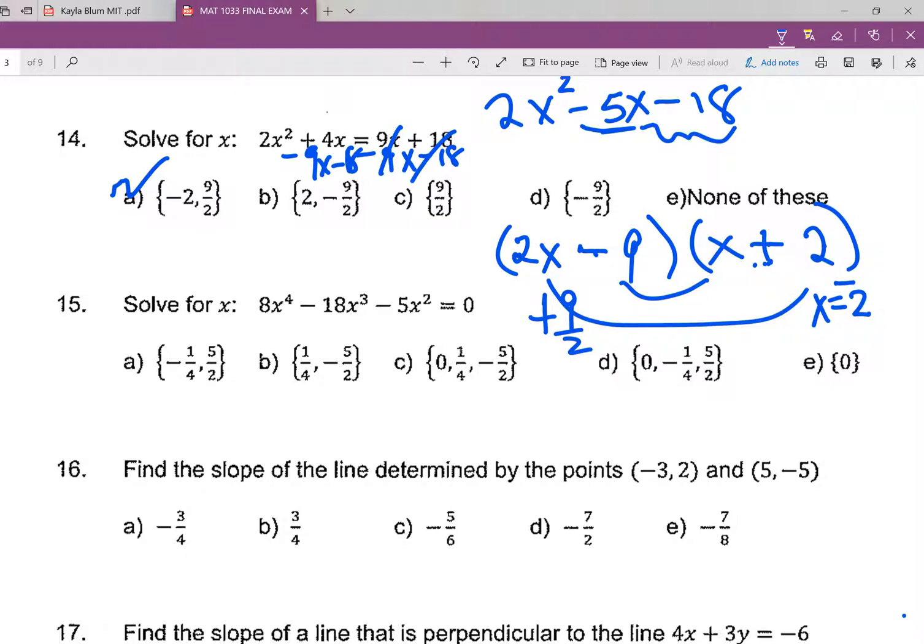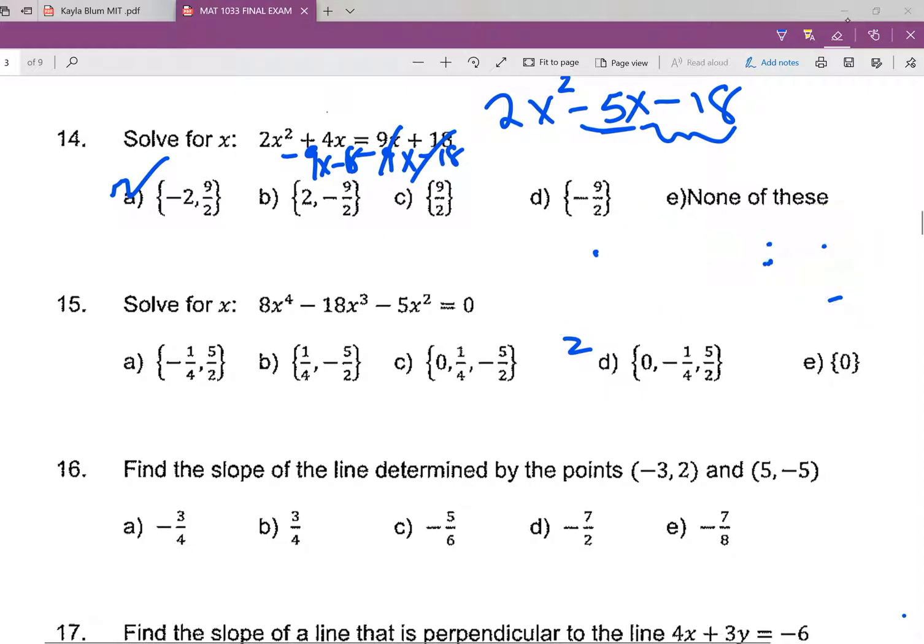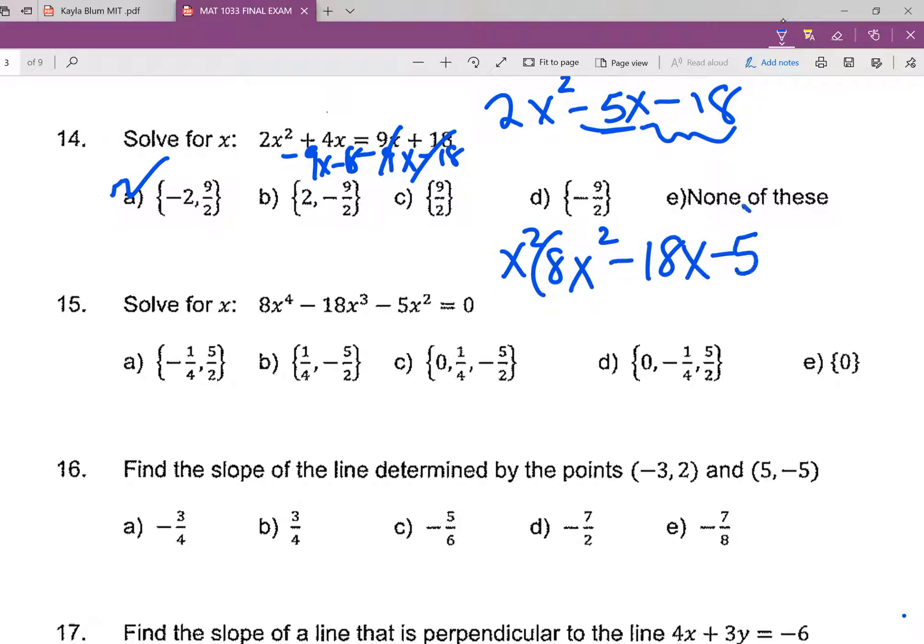Okay, and for 15, it's the same process. Let me just get myself some room. In this case, we're going to move out the x squared, which is common to all terms. That's a prime 5, I wouldn't touch that. So if I factor out x squared, this is going to leave me 8x squared minus 18x minus 5.